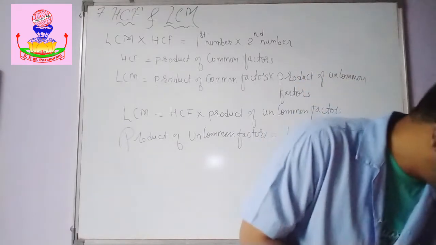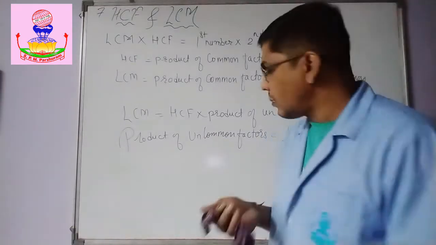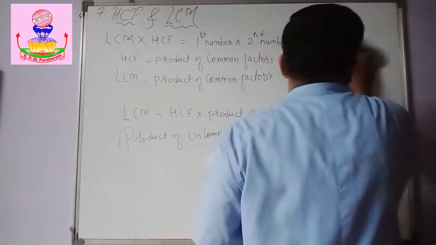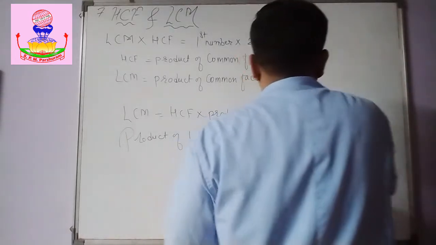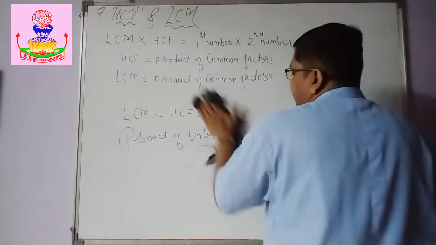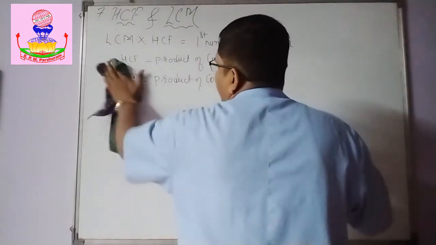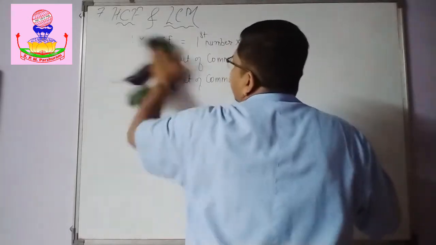Now, let's move to the methods. The prime factorization method, which you know, is utilized to find the HCF and LCM. I'll just repeat it. It is of two types, horizontal as well as vertical method.